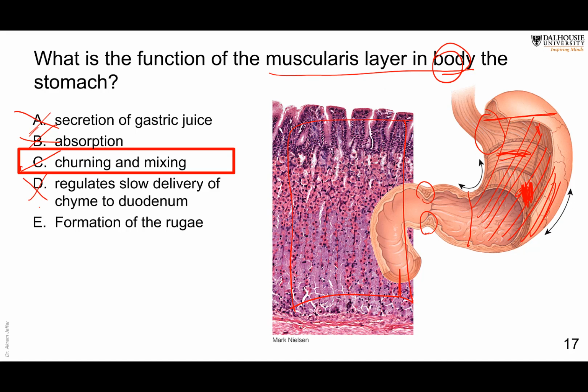Rugae are folds of the mucosa and submucosa, not folds of muscle fibers, not folds of the muscular layer. They are longitudinal folds as opposed to the circular folds, the plicae circulares, that are present in the duodenum. But in both cases, the folds are folds of mucosa and submucosa, not folds of the muscular layer.